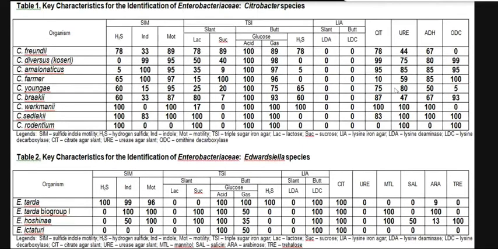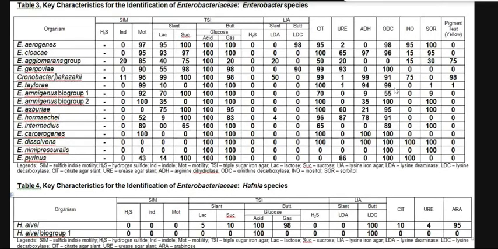Other than that, you also have Edwardsiella species, where 100% are positive for H2S for Edwardsiella tarda. And then you have the rest of the biochemical tests, and several others. Now, I just want to emphasize that Chronobacter sakazakii was formerly Enterobacter sakazakii.